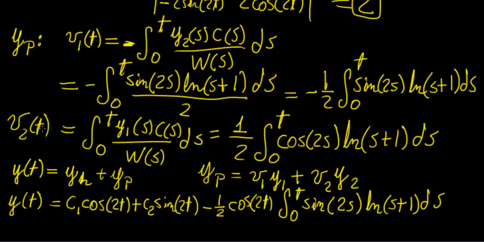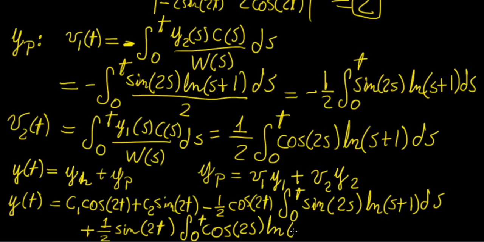And now v2 times y2. y2 we know is sine 2t, so this is going to be plus half of sine 2t times the integral from 0 to t. This is v2, which is the following: cosine of 2s times ln(s plus 1) ds. And this would be the general solution to our problem here.